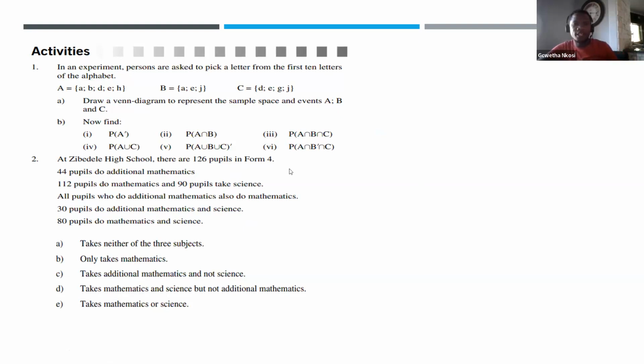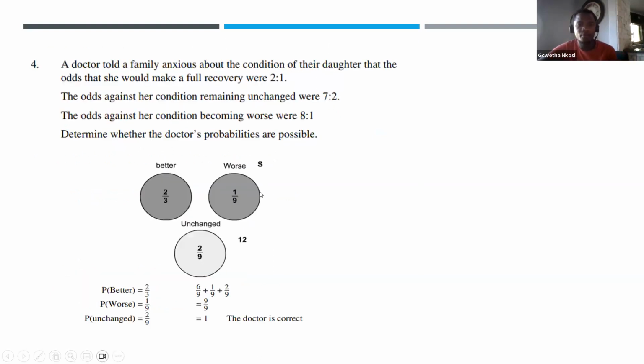All right. Let's go back and look at this one. They say the odds against a condition remaining unchanged are 7:2.